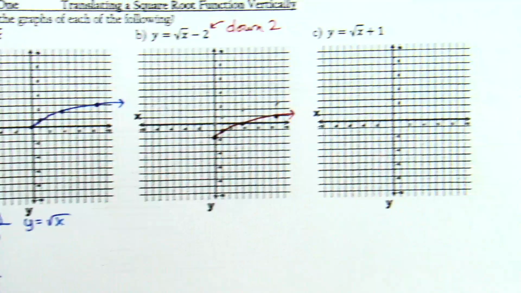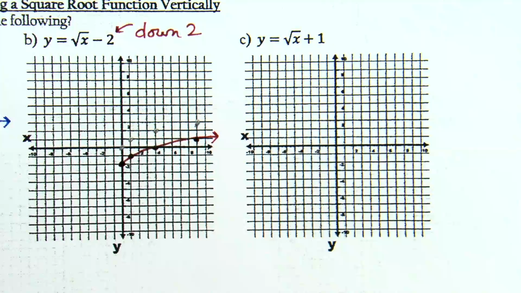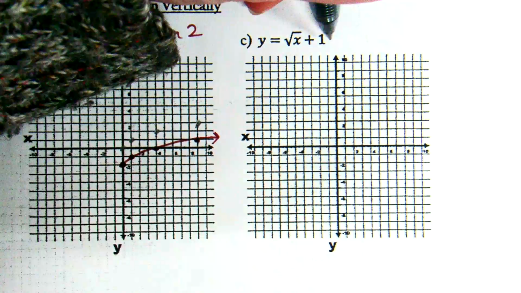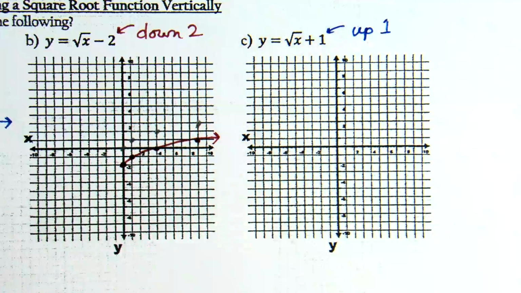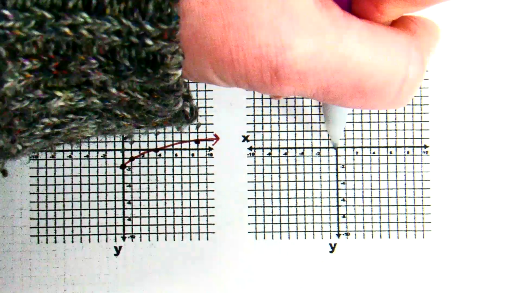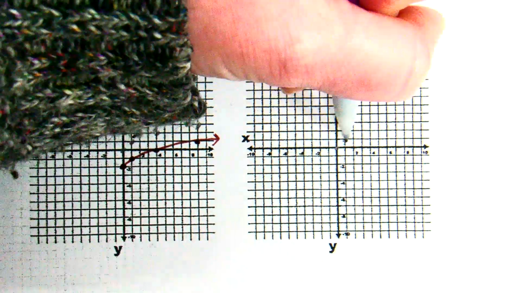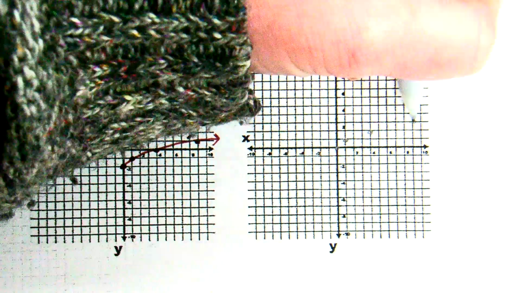Okay. What's going on C? Y equals square root of x plus 1. The 1 is outside the square root, so it's up or down. Since it's a plus 1, we're going to go up 1. Okay, so if you would like, you can put the original dots on at 0, 0, 1, 1, 4, 2, and 9, 3.